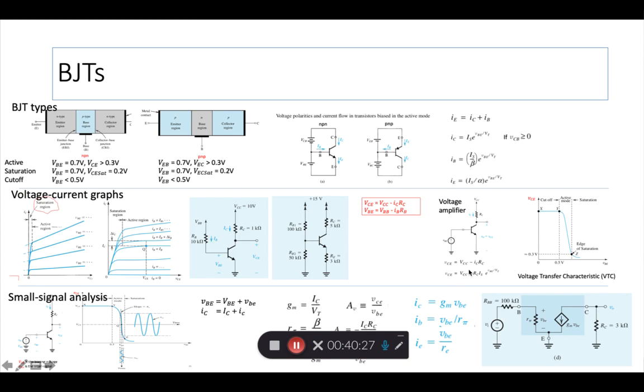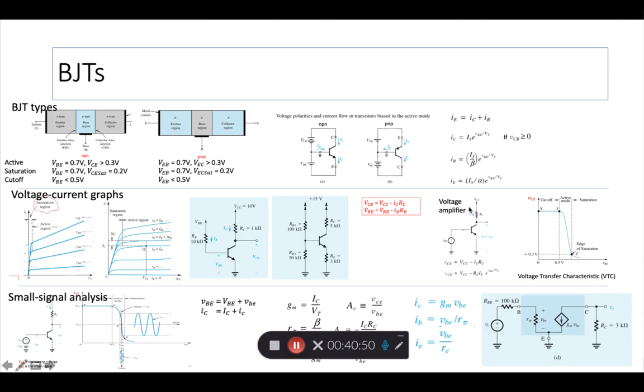These two equations are important, and then of course the VTC tells you how the output, which is the dependent variable, varies based on the input, right? So as the input goes high, the output stays flat for a while and then drops. The active mode, the saturation mode, and the cutoff mode, right?